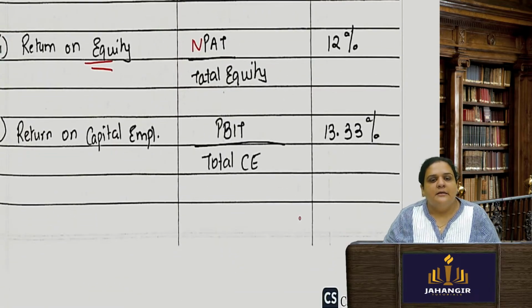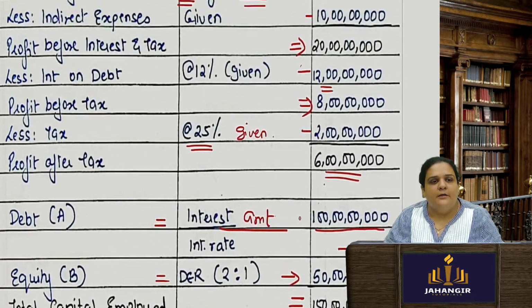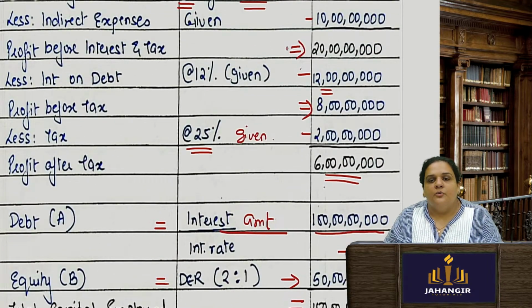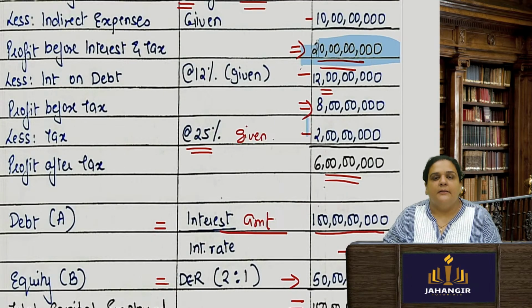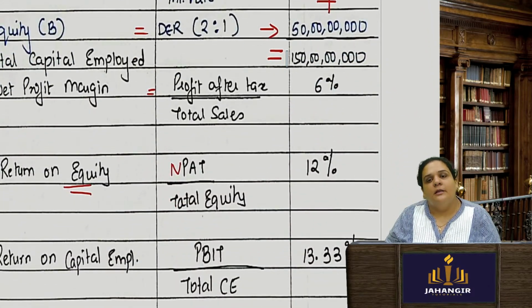Return on capital employed is NPBIT, net profit before interest and tax. That is how much? 20 CR. Net profit before interest and tax divided by total capital employed.